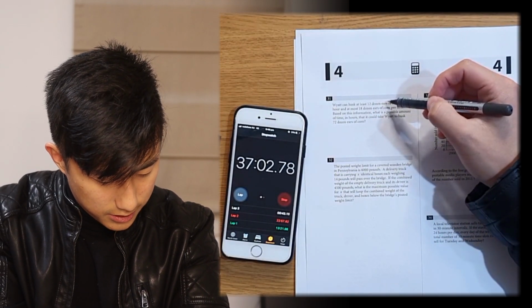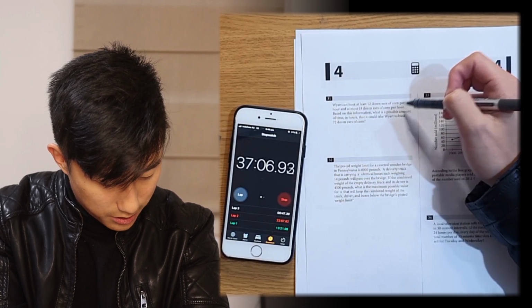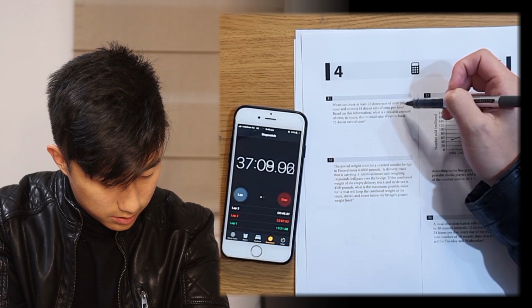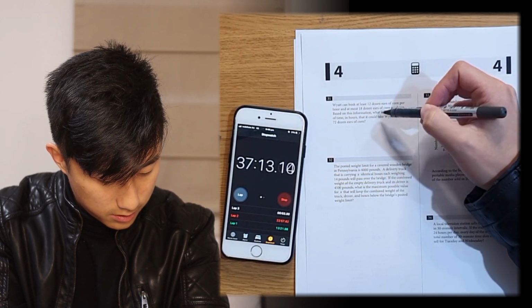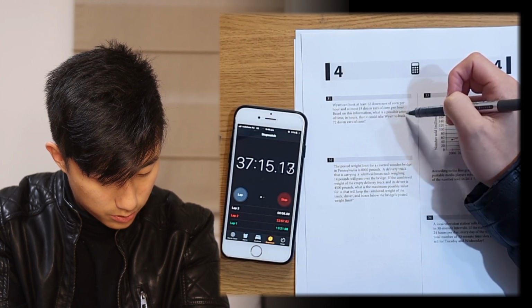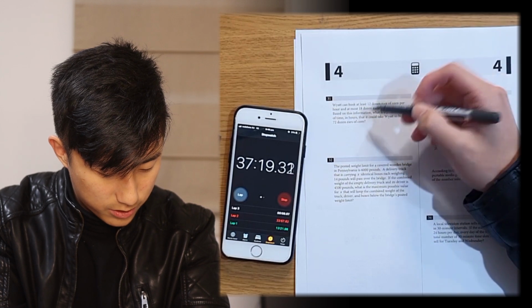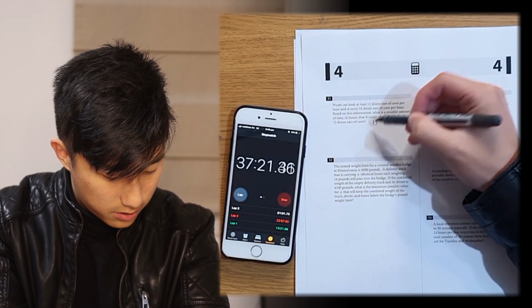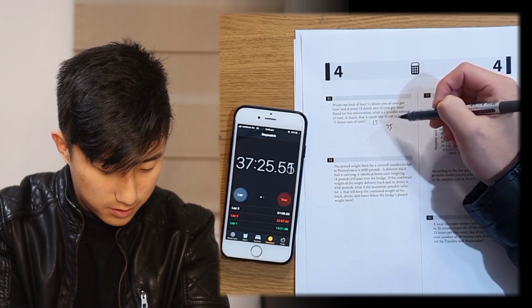Husk at least 12 dozen ears of corn per hour, and at least 8 dozen ears of corn per hour. At most, okay, 72 dozen ears of corn. So we assume 15. So that means it's, let's say, around 75.